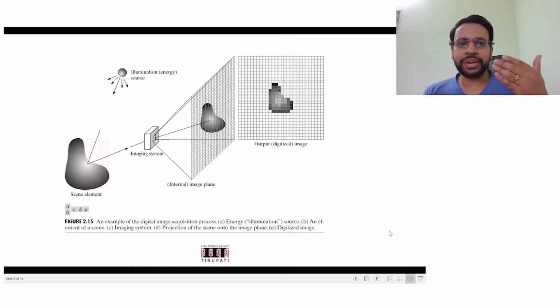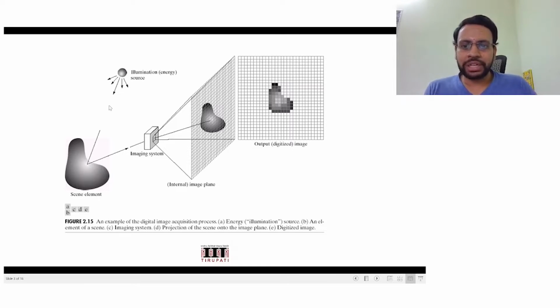This illustration we have seen earlier also, on how we get a digital image of an object. Without loss of generality, we will discuss using visible light as the source, and you could later generalize and extend it to various other signals for capturing the digital image of the object.